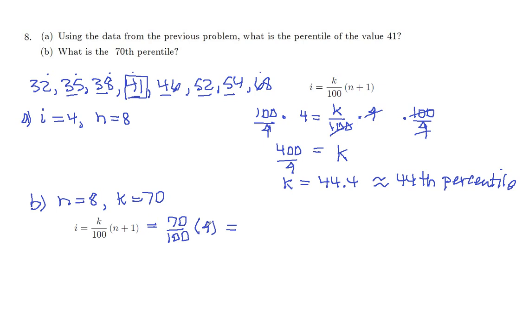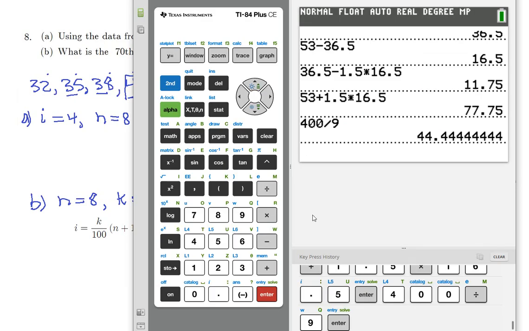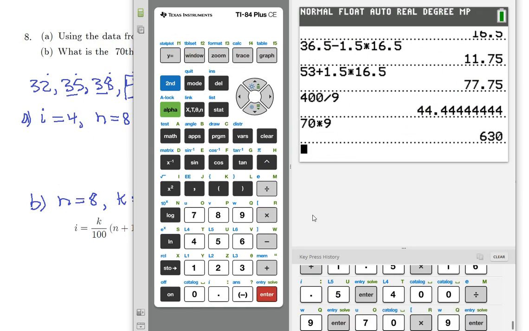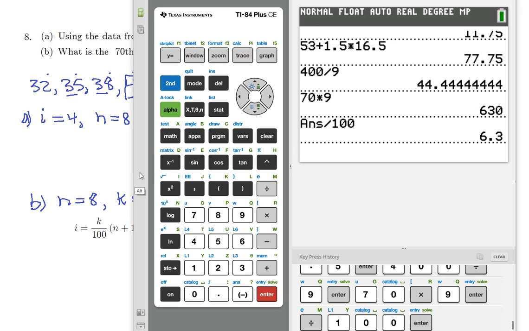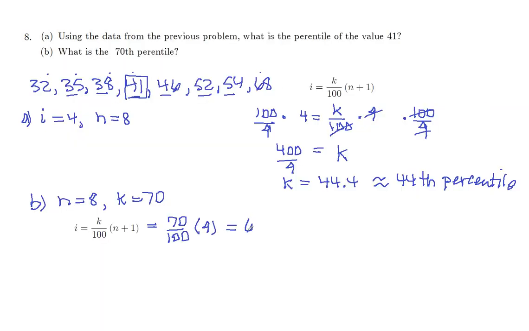So let's see, 70 times 9, 630 divided by 100. 6.3, I believe. Yeah, 70 times 9, 630 divided by 100. Yep, 6.3. So that's the index, or the number in the list for the 70th percentile.